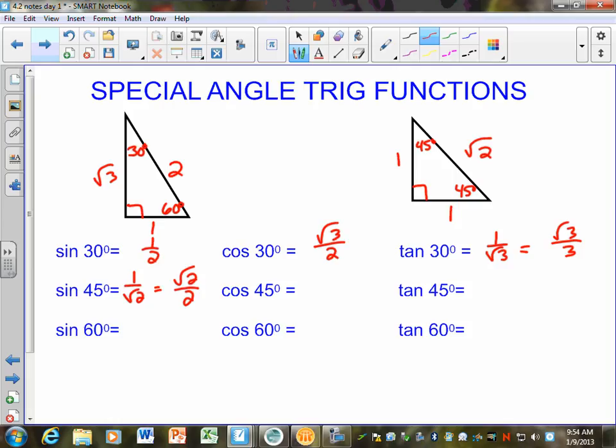What would the cosine of 45 degrees be? The same thing, because the adjacent and the opposite side are the same, so it's still going to be 1 over the square root of 2, which I'll simplify as square root of 2 over 2. So that's why 45 degrees is a nice one, because the sine and the cosine are the same. And even better, what does the tangent turn out to be? Because it's just opposite over adjacent, or 1 over 1, which is 1. So 45 degrees is probably one of the easiest ones to memorize.